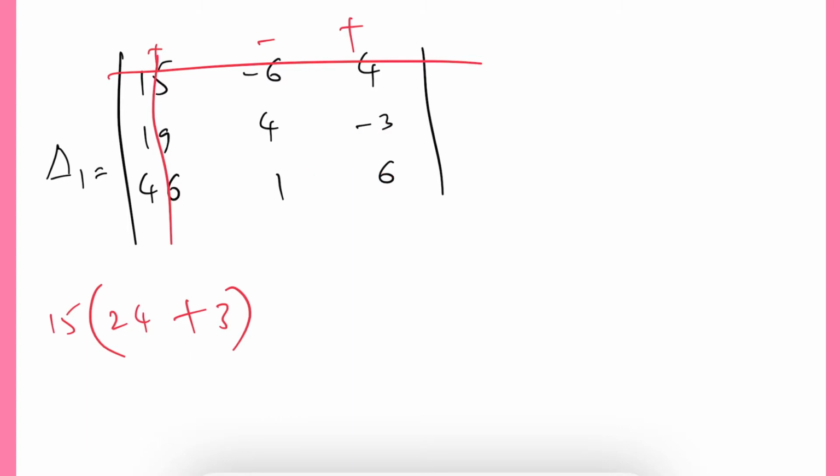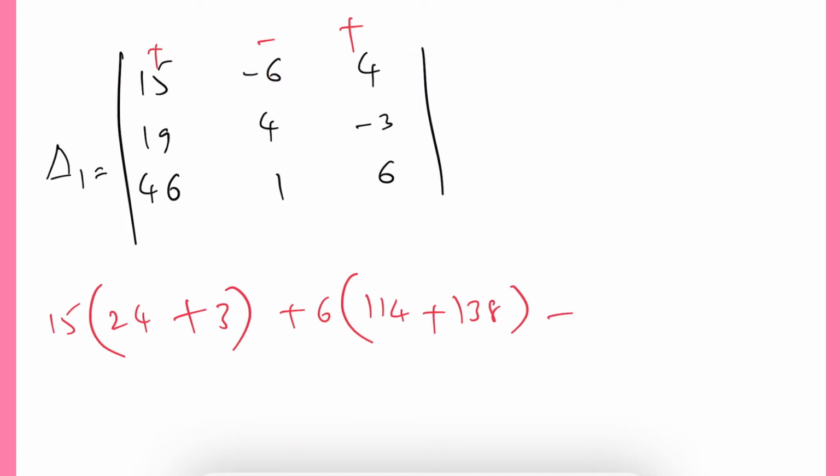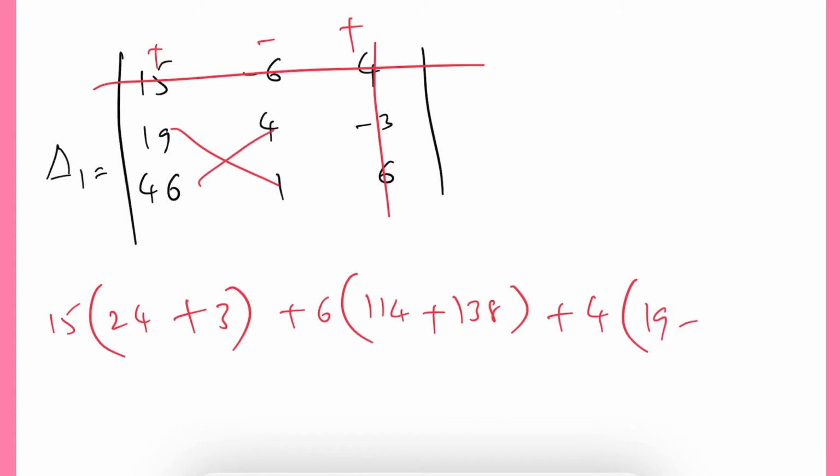Then the same way, the second element, minus into minus 6, it will become plus 6 times, if we remove this column and row, 19 times 6 is 114, and minus, it will become plus, then 46 threes are 138. Then the last element will be plus 4 into 19 ones are 19 minus 46 fours, it is 184.